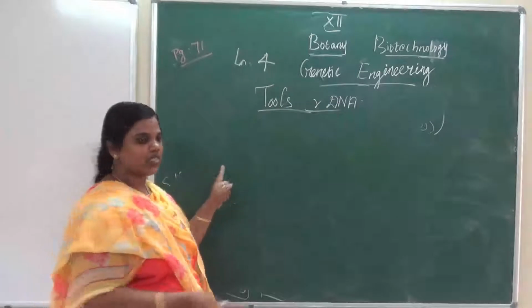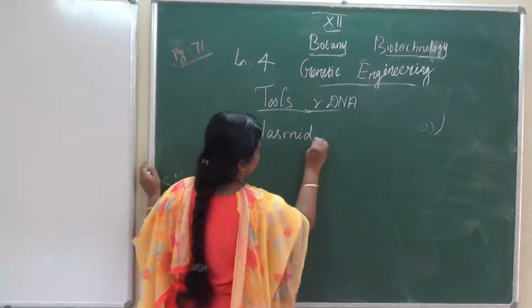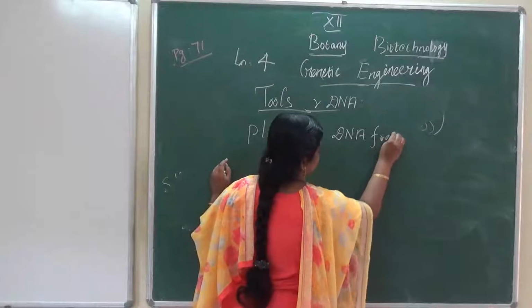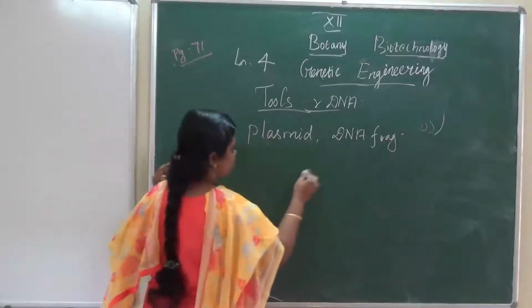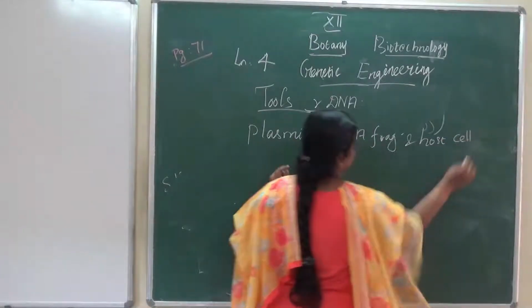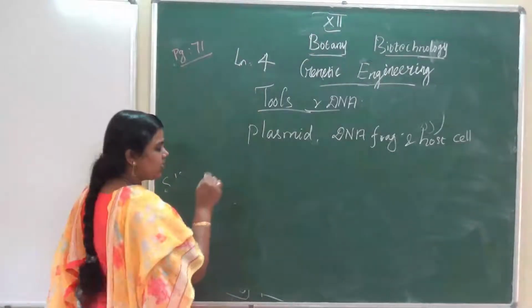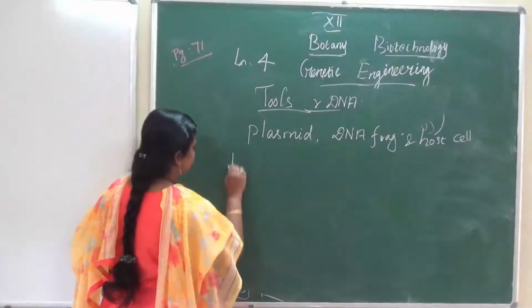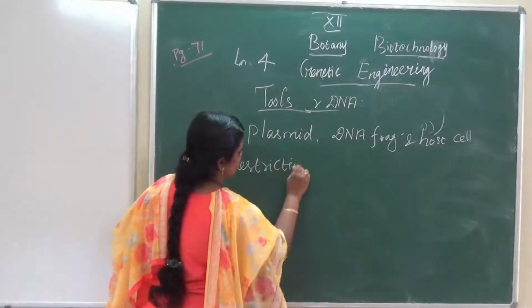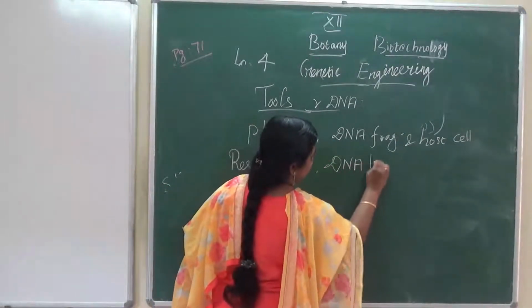Normally plasmid, DNA fragment, and a host cell. The common enzymes are of three types. You know which ones? Restriction enzyme and DNA ligase.